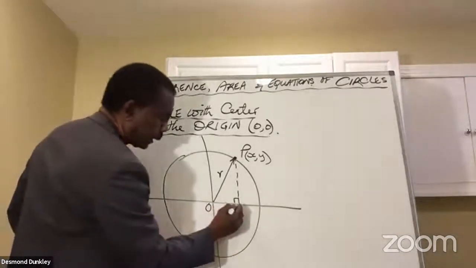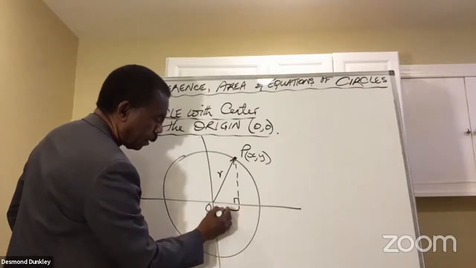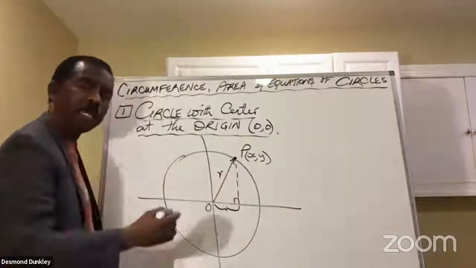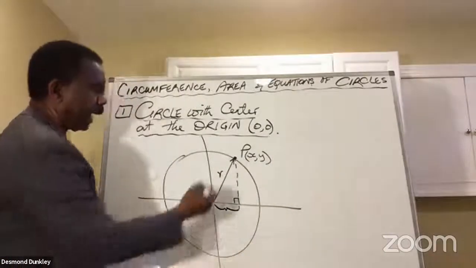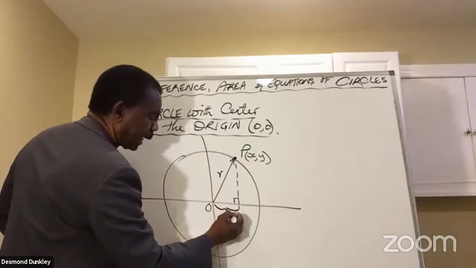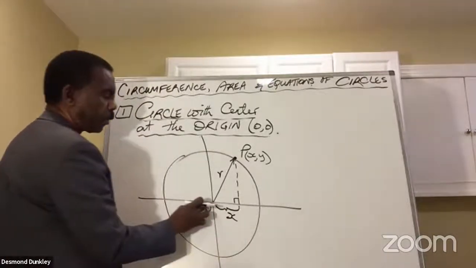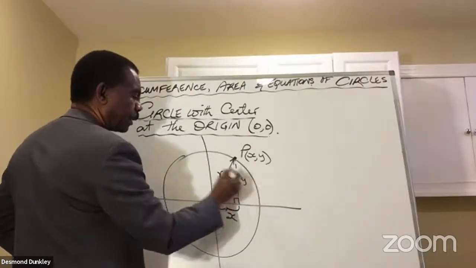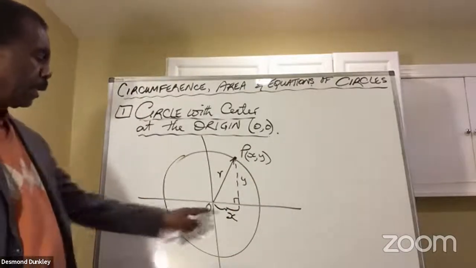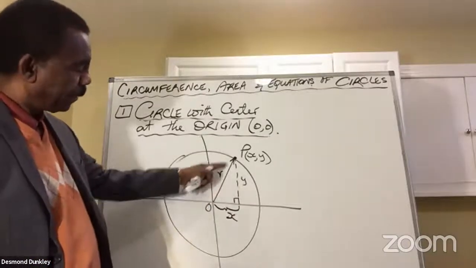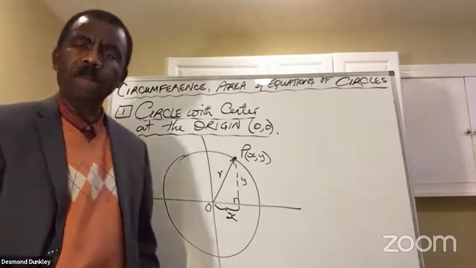So this distance right here, according to how you read a point on a graph, the x means x along the x-axis. So you go to the right x, and in this case you go up y units. So the horizontal is x, the vertical is y, and the hypotenuse is r.